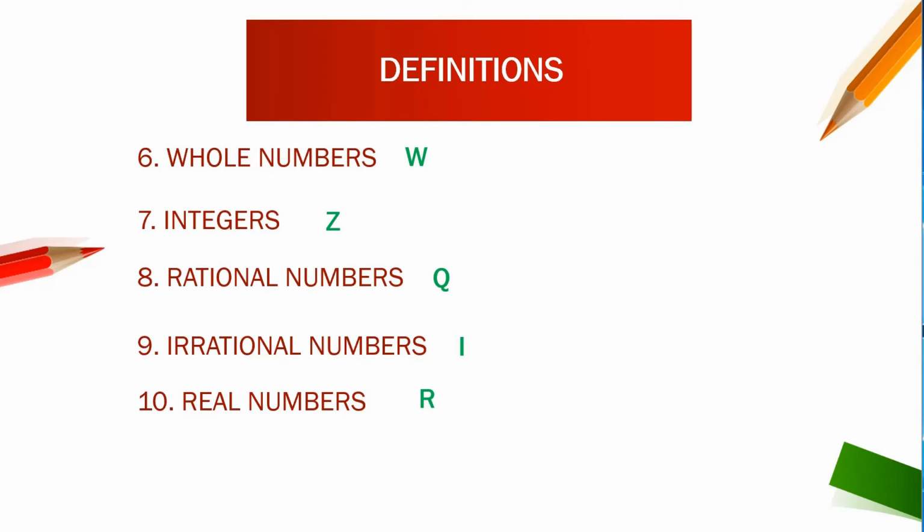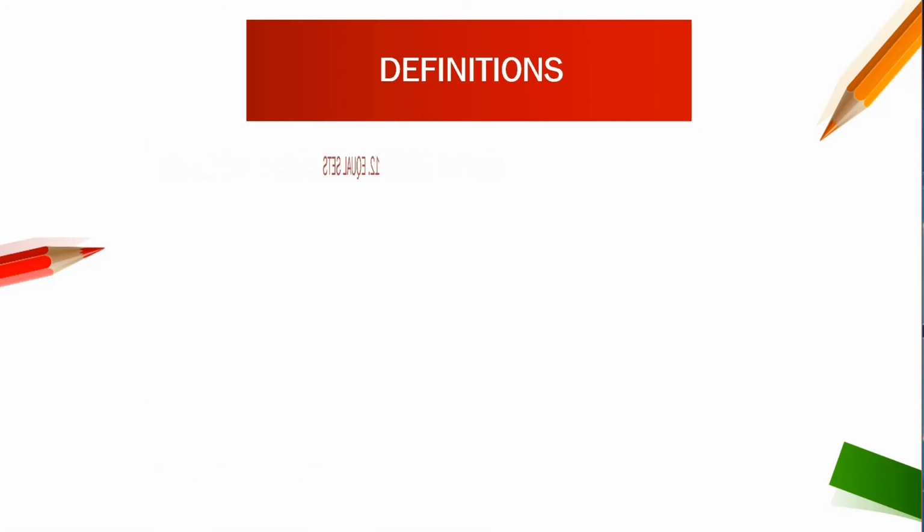Moving on to our 11th definition, an empty set. An empty set is just as the word says, empty. It's a set that has no elements, no numbers, nothing at all in it. Our 12th definition is equal sets. Equal sets have exactly the same elements or members.